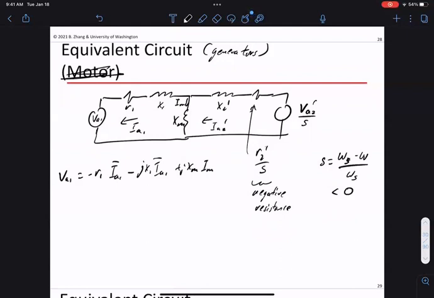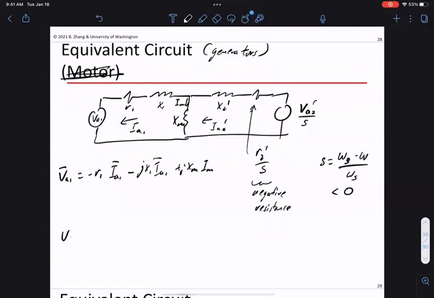By Kirchhoff's voltage law, the voltage at the grid is described by this equation. Often the way it works is you know VA1 and you're solving for the current. So this equation normally works by knowing VA1 and solving for the current, but we can write the voltage-to-current equations.